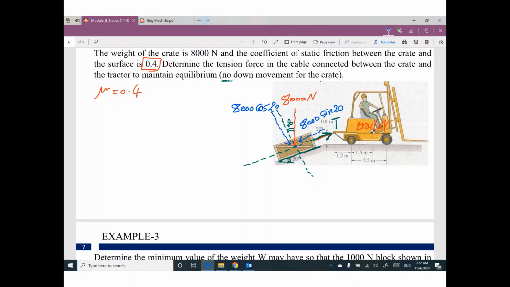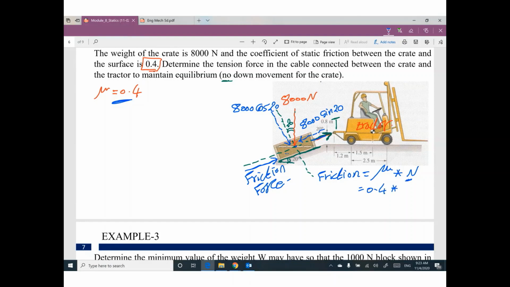One more question. If we don't have T here, if we don't have a cable, this box will slide down. So the friction will be in this direction, friction force. Can you tell me the value of this friction? It equals mu times N. The mu is given, 0.4.